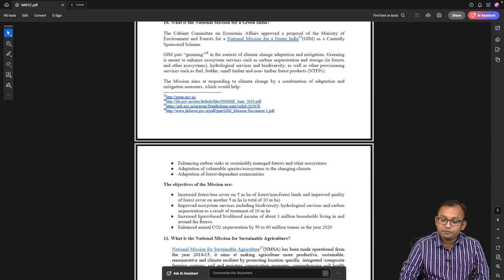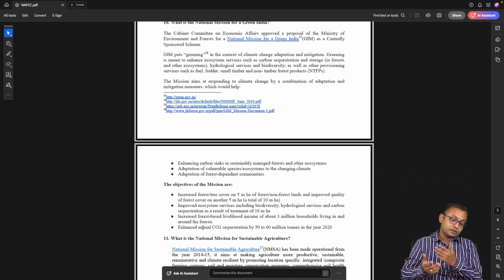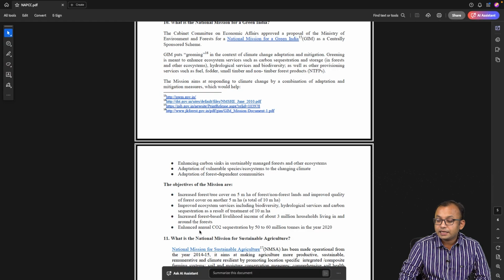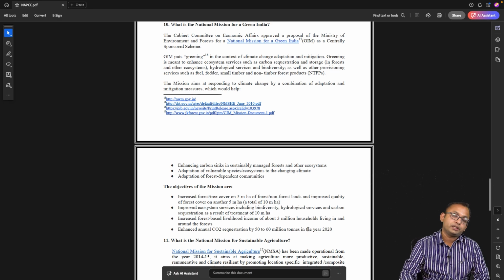Then there is increased forest-based livelihood income, for about 3 million households living in and around the forest region, whom we can support and sustain through these missions. And then there is an enhanced annual CO2 sequestration of 50 to 60 million tons by the year 2020.